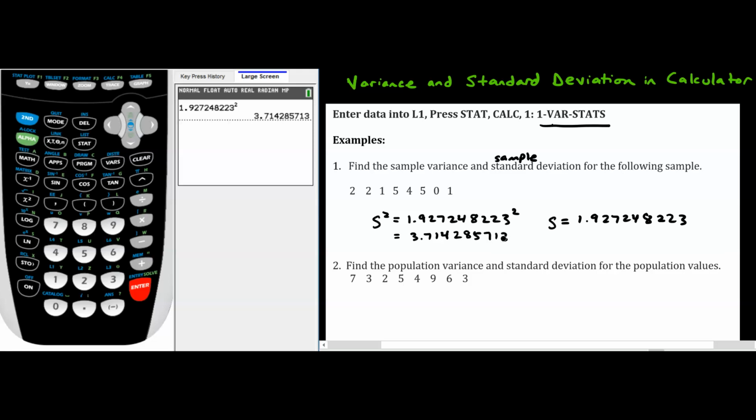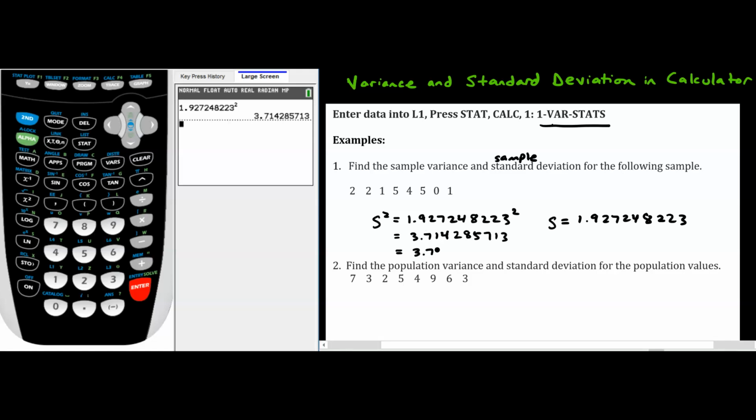It's only at this point that I round. If you rounded your sample standard deviation and then squared, your answer is going to be off a little bit, but these are unrounded values, and so now if homework was prompting you to round to 2 decimal places or 3 decimal places or 4 decimal places, you could do that.